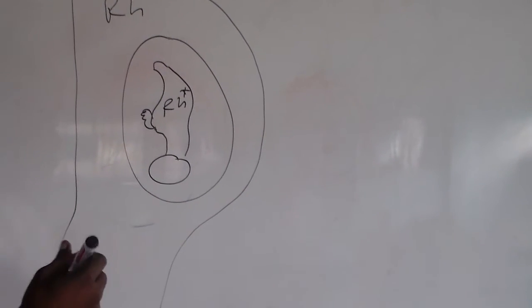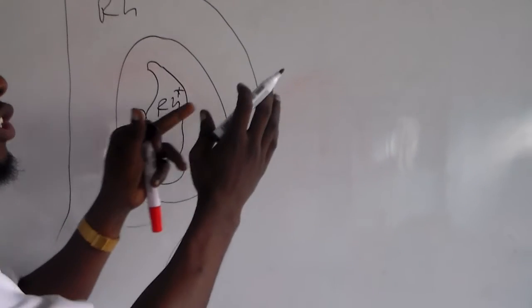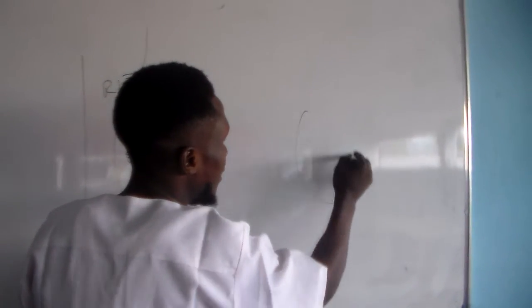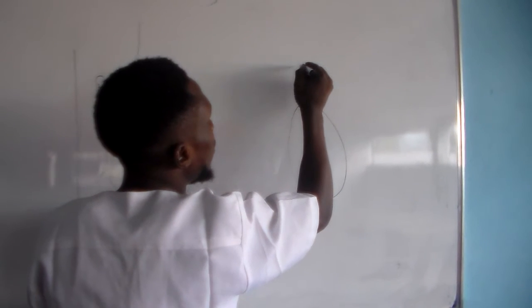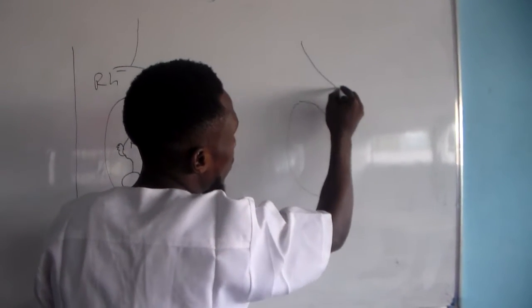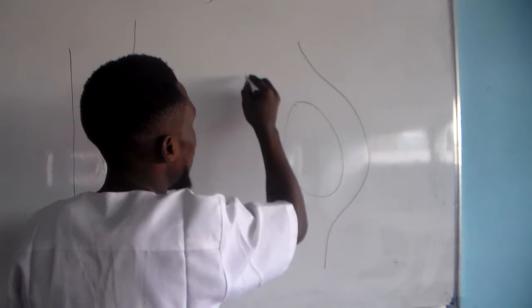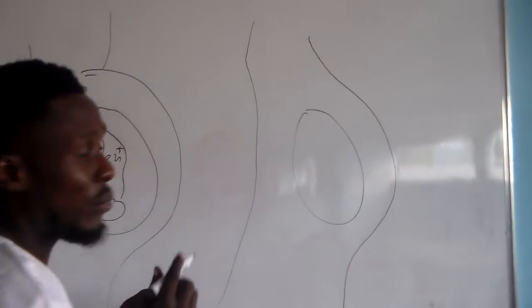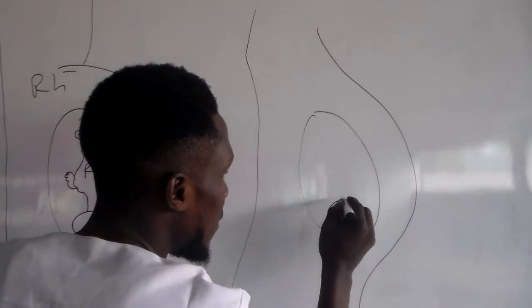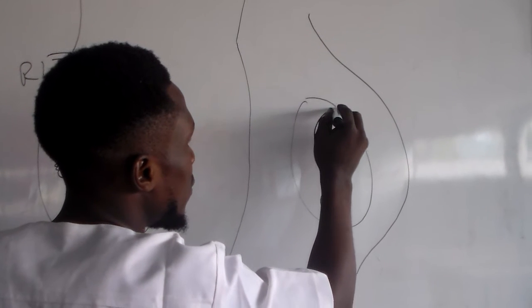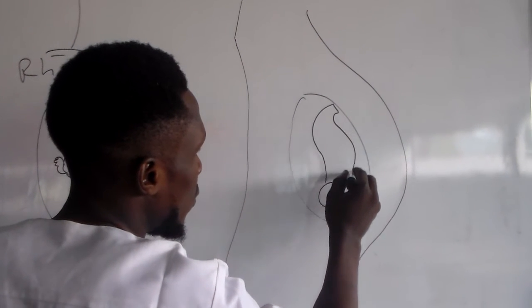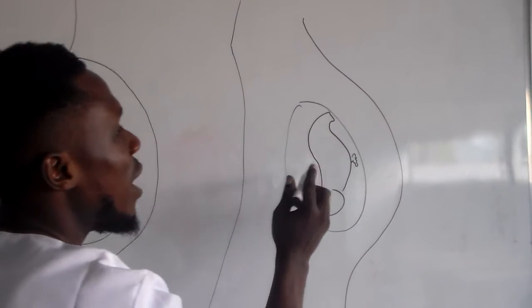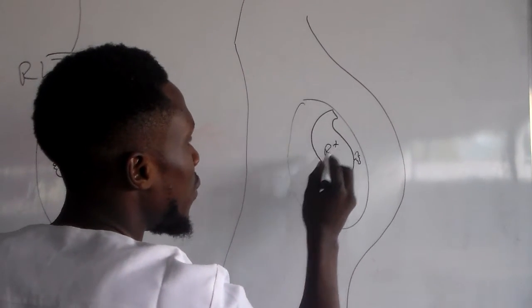Once that happens, we get to the condition in the second pregnancy, where the fetus still happens to be rhesus positive.